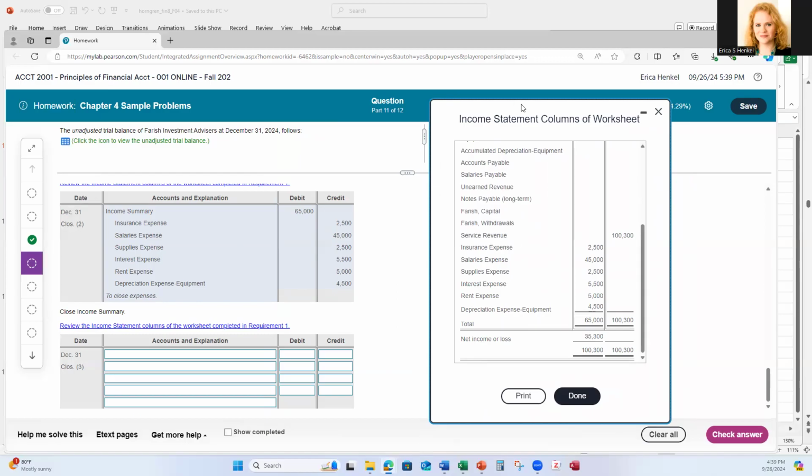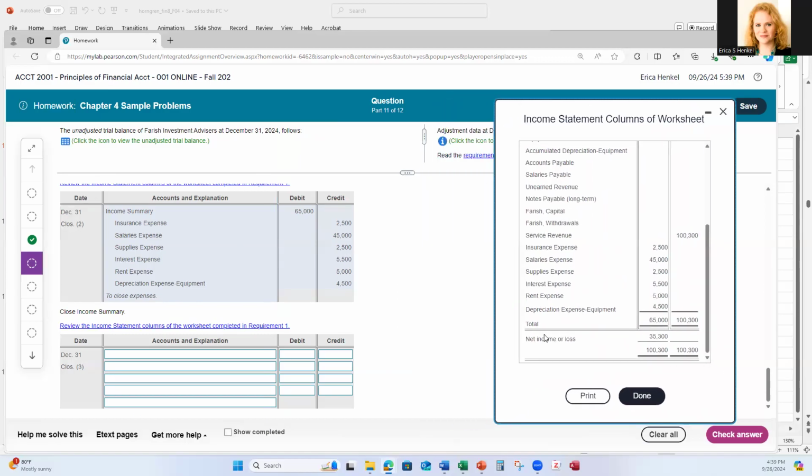So our income summary account, by the way, so far, let's see, where's my pencil? There we go. So income summary, I'm just going to label that. We have made an entry to this so far.